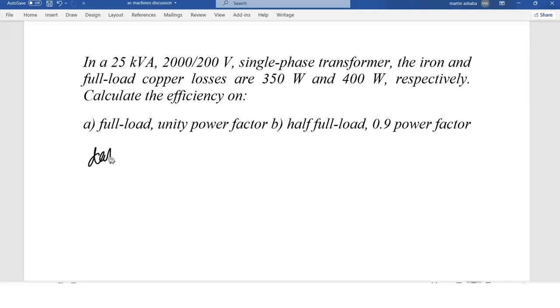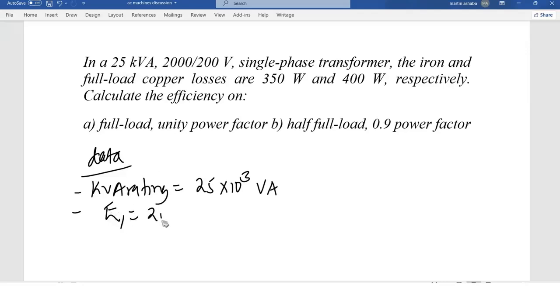Now, the data that we have: the kVA rating, which is 25 times, let us convert it to VA, so let it be 25 times 10 power 3 VA. Then we have E1 equals 2000 volts, and E2, which is the voltage rating of the secondary windings, is 200 volts.